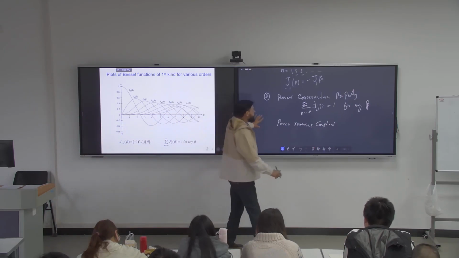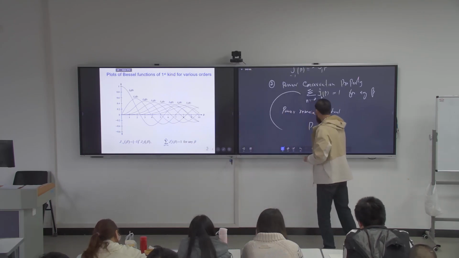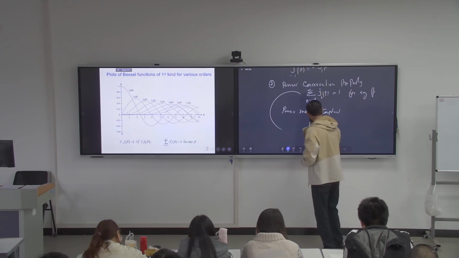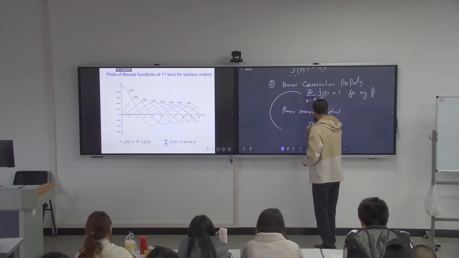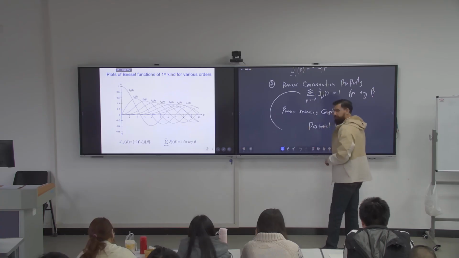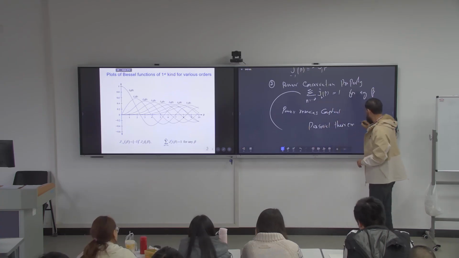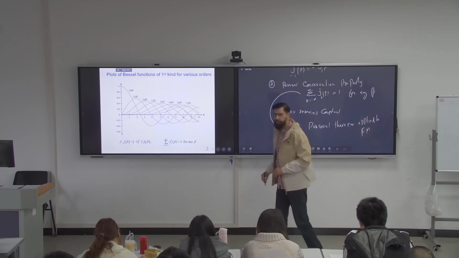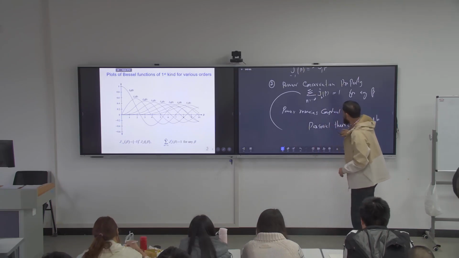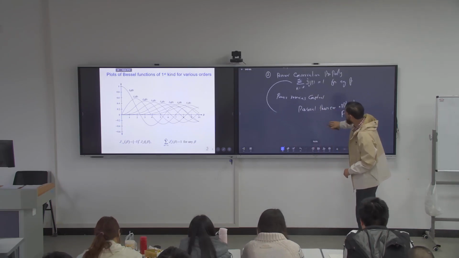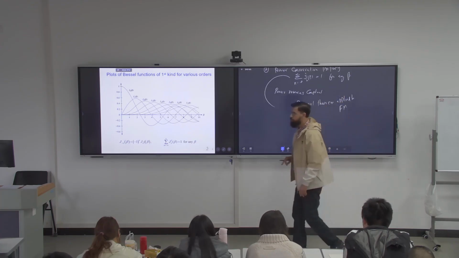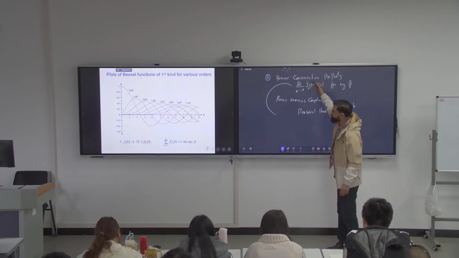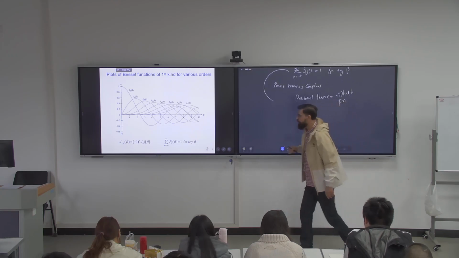This one is Parseval's theorem applied to FM, frequency modulation. So we are applying that here, and we say the power will remain constant. This equation tells the power, and it will remain constant.